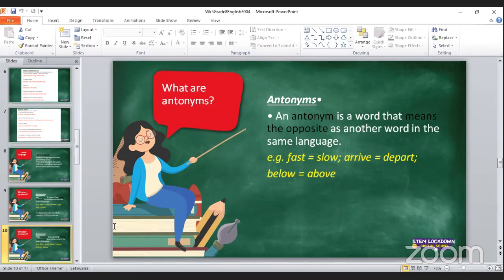So the antonym for fast is slow. The antonym for arrive is depart. The antonym for below is above, and so on and so forth. The antonym for beautiful is ugly. The antonym for rude is respectful.